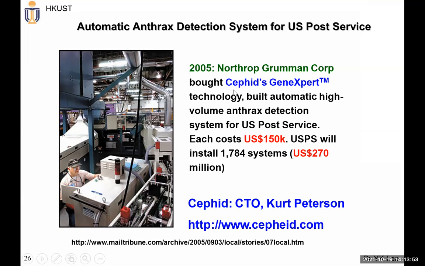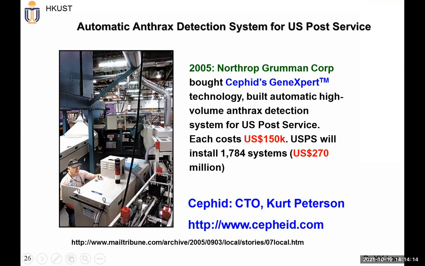After 9/11 in the United States, in New York, there was really some problem. Some people working for the U.S. Post Office died because terrorists tried to send anthrax spores through the mail.